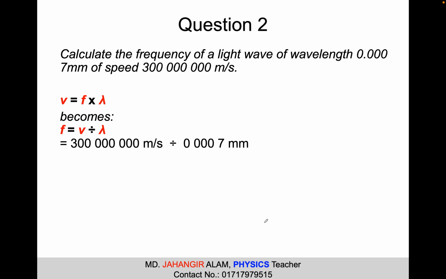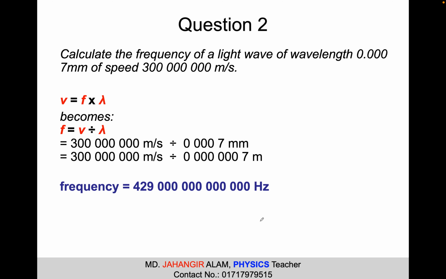Here v is 3 × 10^8 meters per second divided by 0.0007 millimeter. I have to convert this millimeter into meter by dividing by 1000. Then the frequency equals 4.29 × 10^14 hertz.